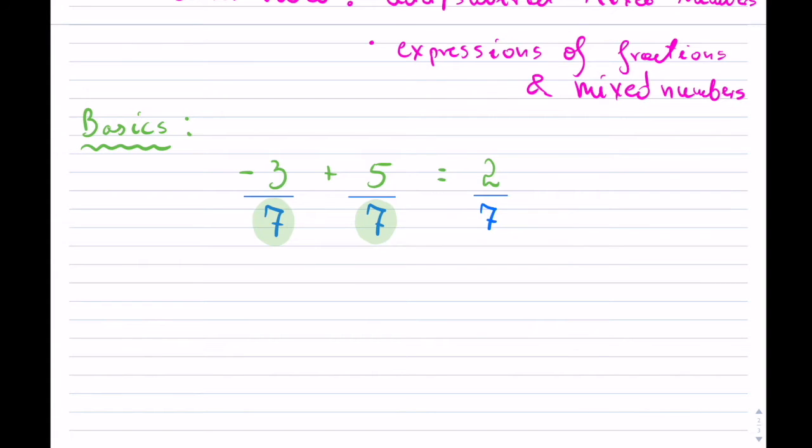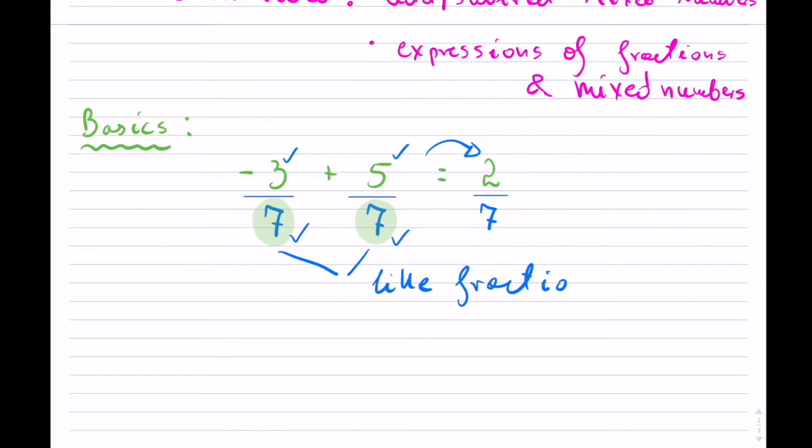As long as your denominator stays the same, all you worry about is what happens to the numerators. Having a common denominator like we have in this case is known as like fractions. They're alike because they have the same denominator.